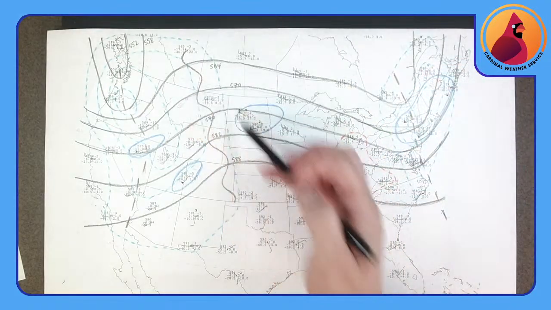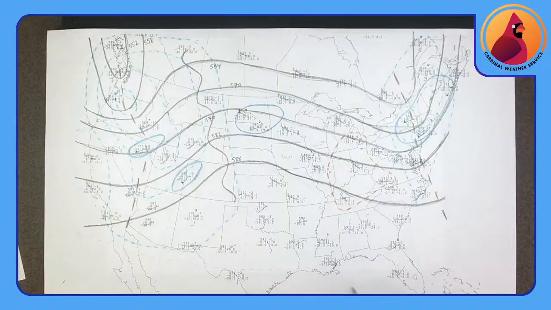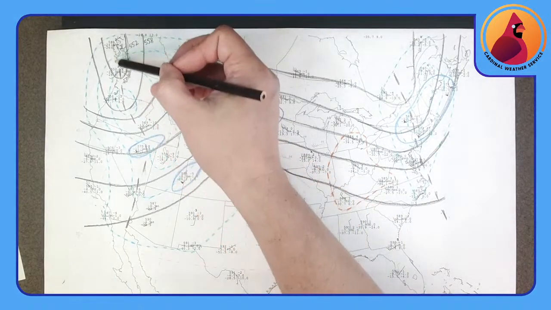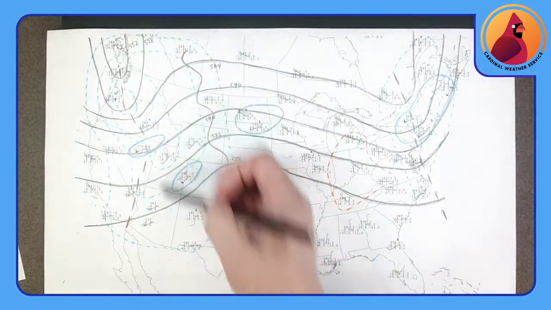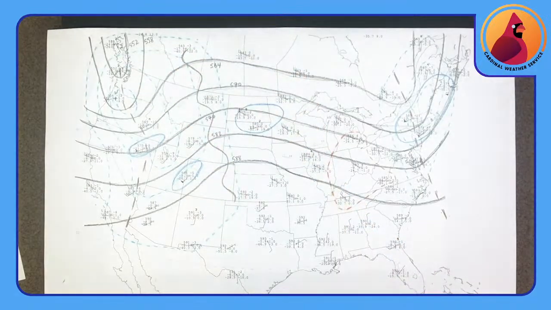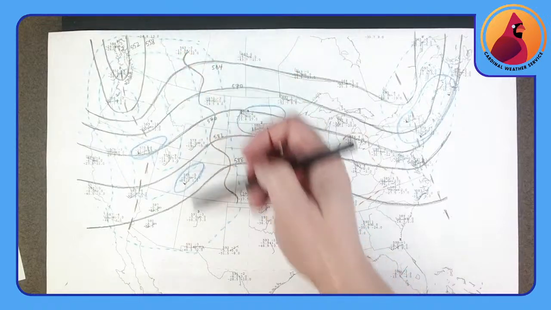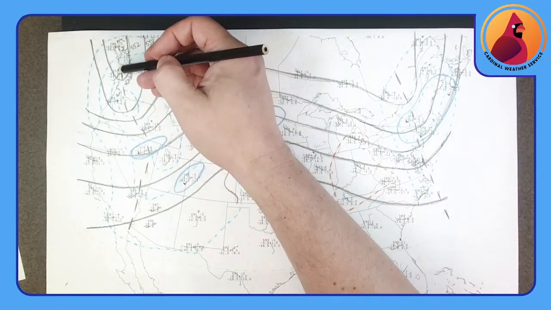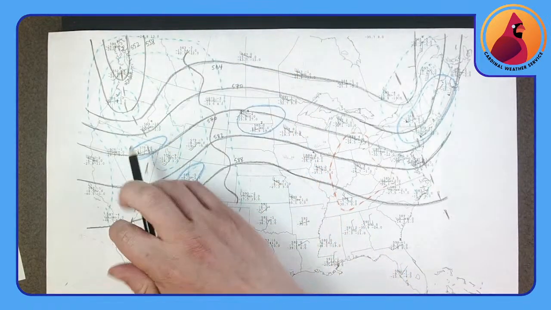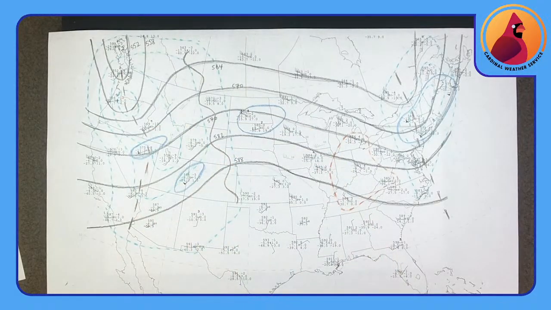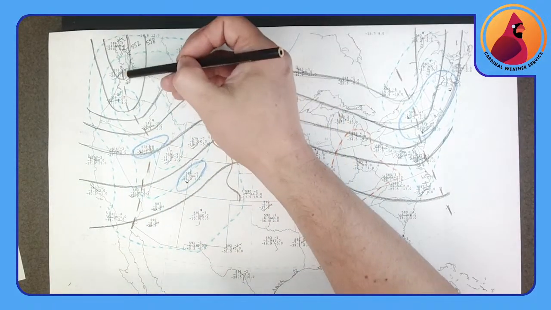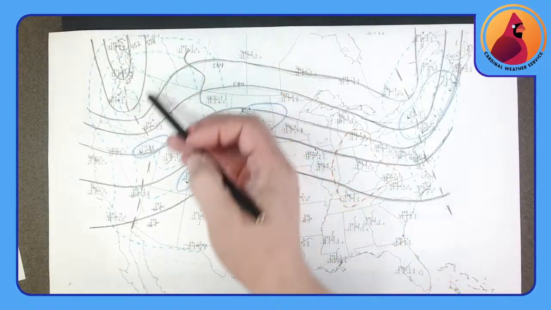So we've got a ridge over here, but really we're seeing height falls, and that's going to either deepen or suggest that your trough is moving on in one direction or the other.